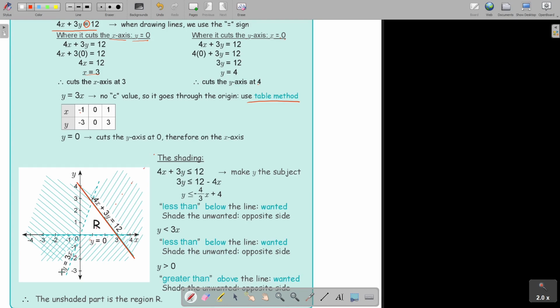So this is up, and if I go there, it's down. Now, up will always be bigger. Down will be smaller. But what is the statement saying? Look, it says let the y's on this side be smaller. So that is the wanted region. So this down is the wanted, but I shade the unwanted.